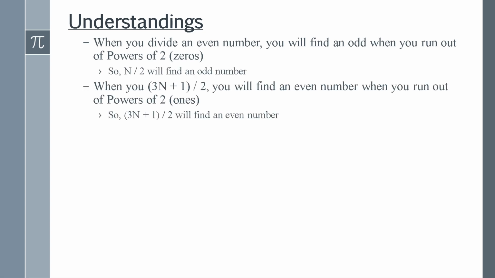And so in my previous video I showed why all numbers divided by 2 will find an odd number, and when you multiply by 3, add 1, divide by 2, you will find an even number after 2 steps.